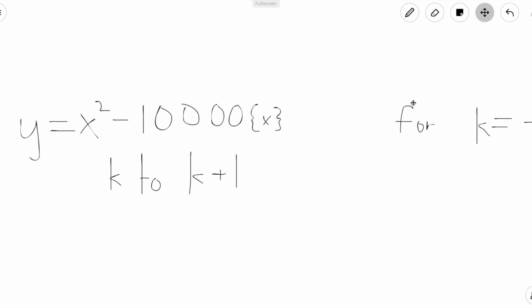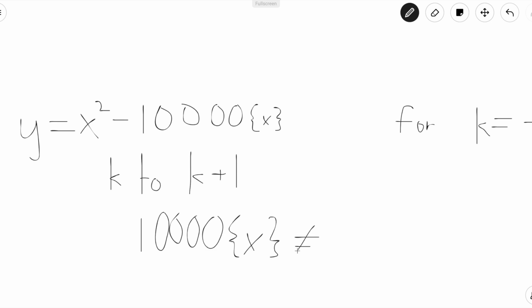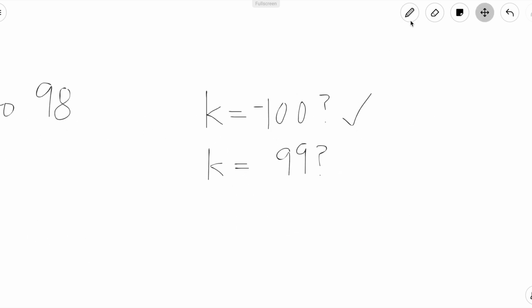But 10,000 times the fractional part of x is never equal to 10,000. So that means that there must be no solution, which means that k equals 99 does not work.